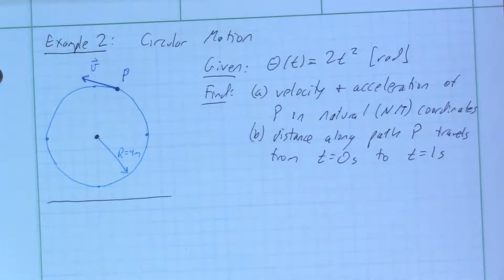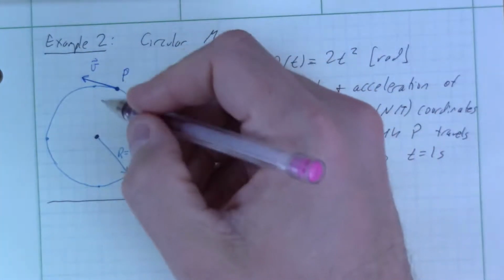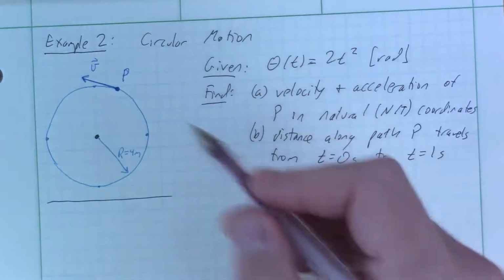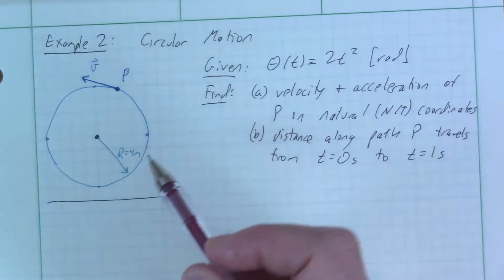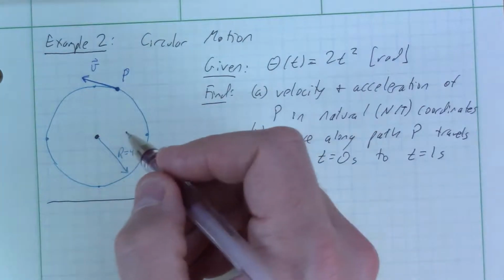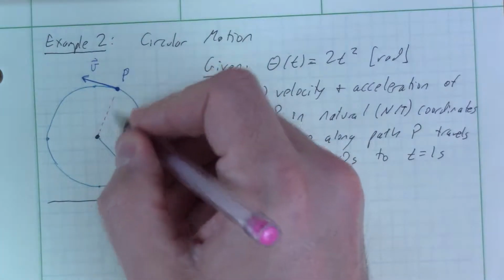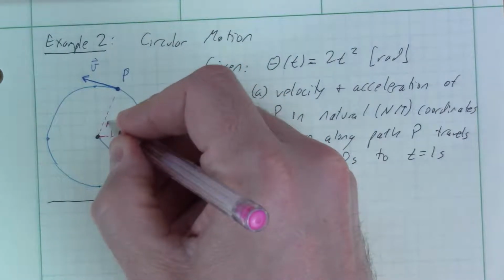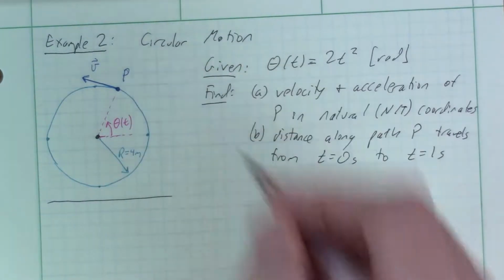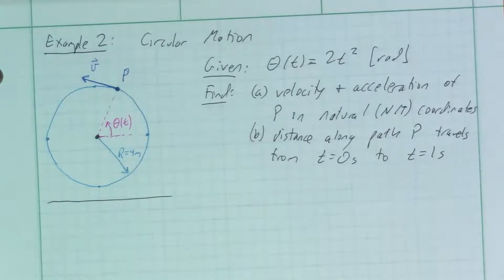Maybe we'll just draw it here for this system. What we have here is a particle in perfectly circular motion. Let's say it has, at this time right now, an angle theta, but that is a function of time, and it is definitely going to change.